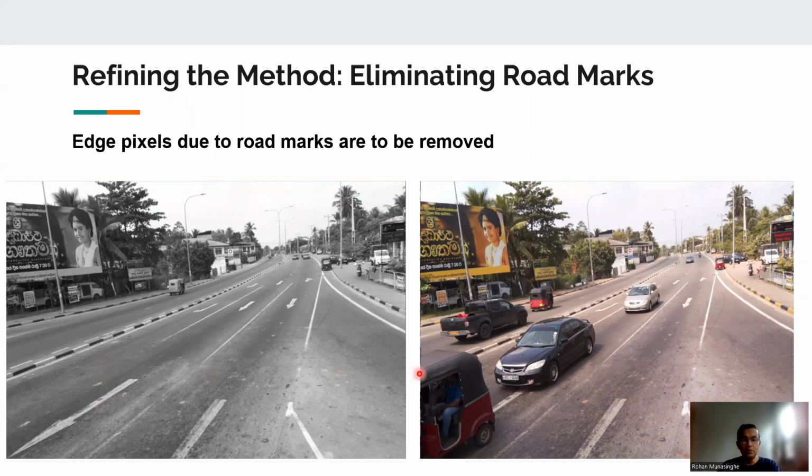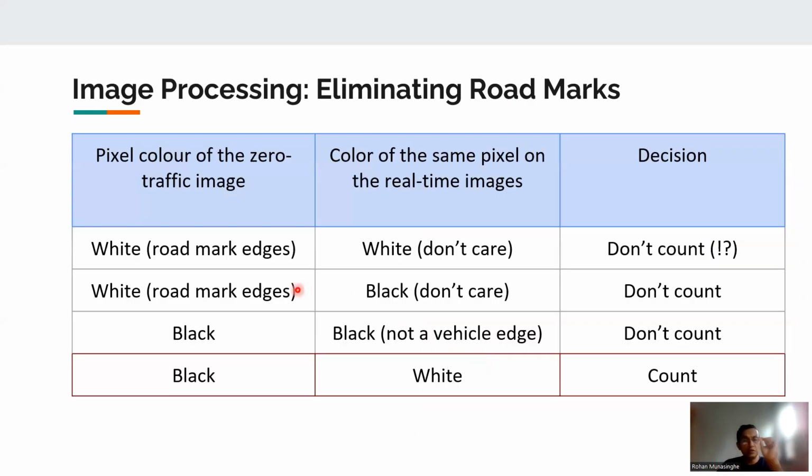So white becomes black. Okay. So for the same pixel on the left figure and the right image, if it is white, we don't count it, because we don't know. We know a white pixel can be an edge or it can be a road mark.